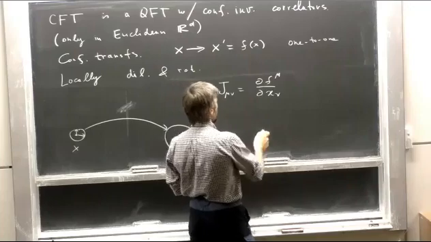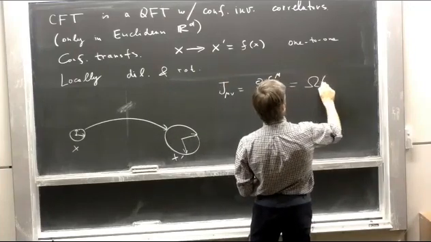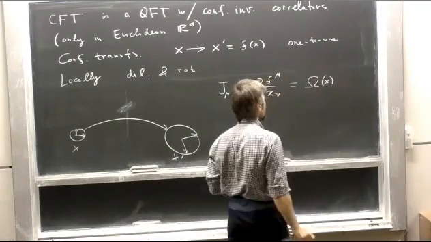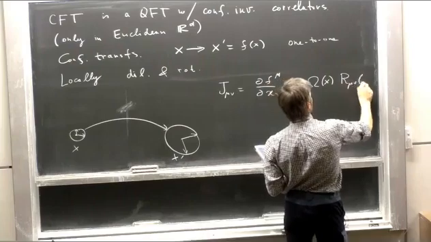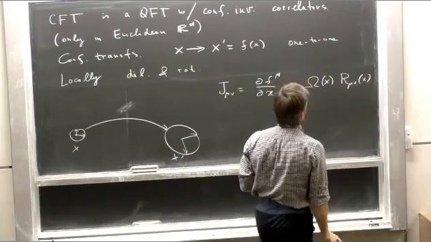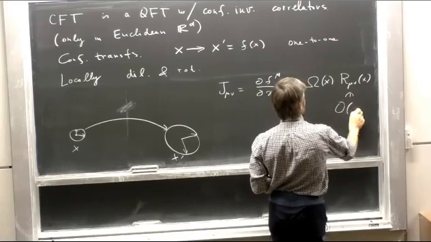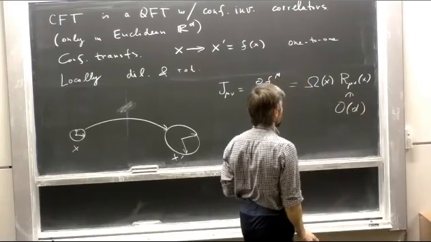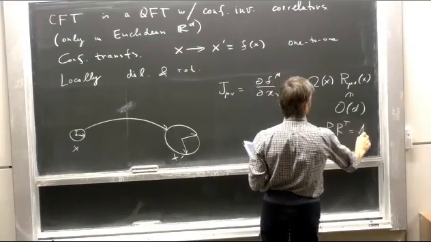So this Jacobian matrix has to have the form of some scalar function omega of x times some matrix R mu nu of x, and this matrix R mu nu is supposed to be an orthogonal matrix. So it's an O(D) matrix, so R transpose R is equal to 1.